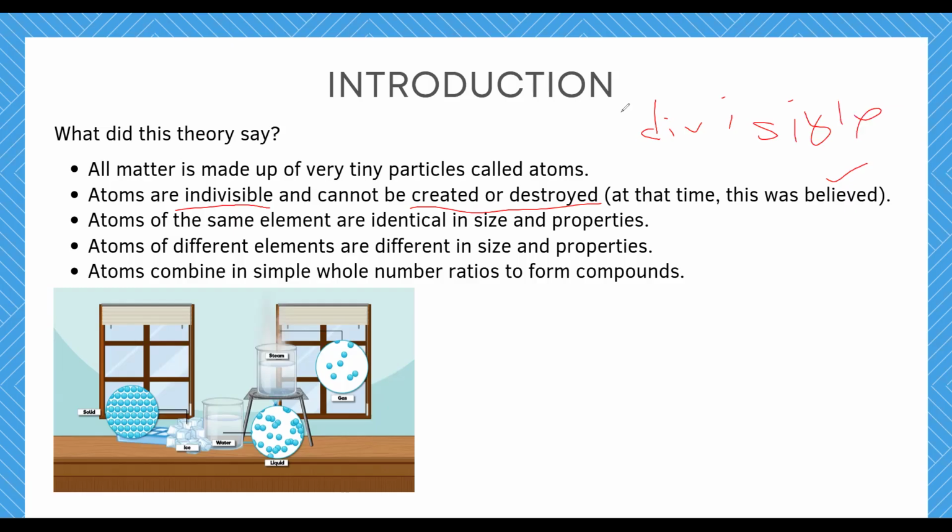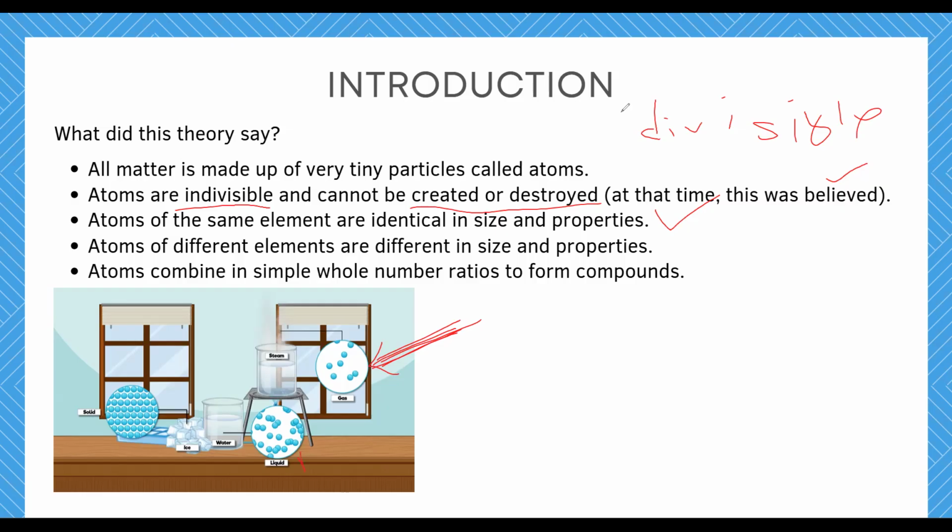So the third idea of the atomic theory is that atoms of the same element are identical in size and in properties. Now, David, I want you to look at this for me. You can see that the atoms of this gas over here, they are all the same size and they are all the same color. Is that correct? Yes, sir. Good.